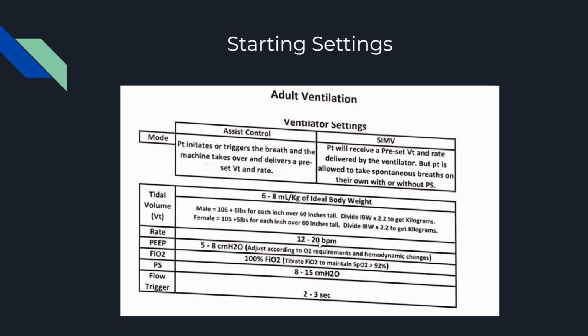Okay. Your rate, you're going to set it between 12 and 20. This will depend entirely on what's going on with the patient. You kind of want to match what their natural rate should be, with the exception of patients who are hypercapnic, meaning that they have a high CO2 level.